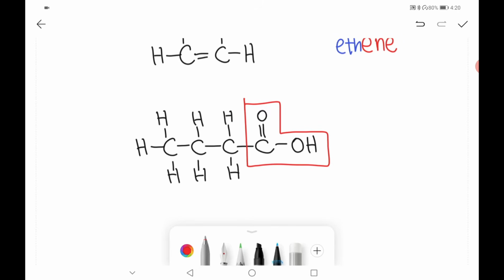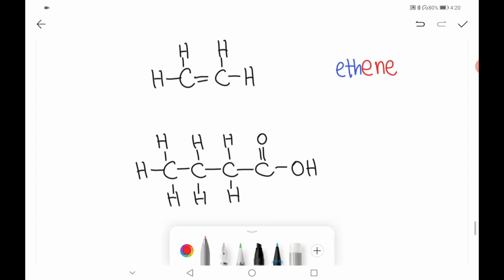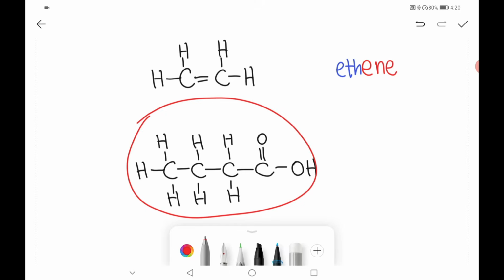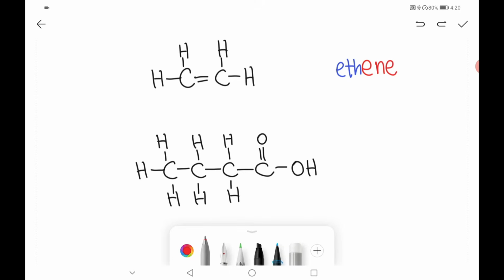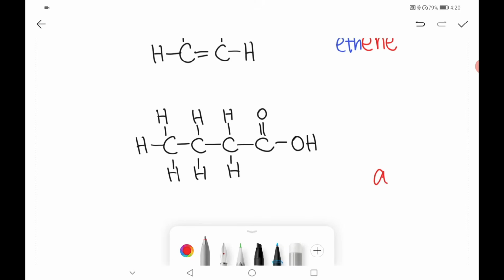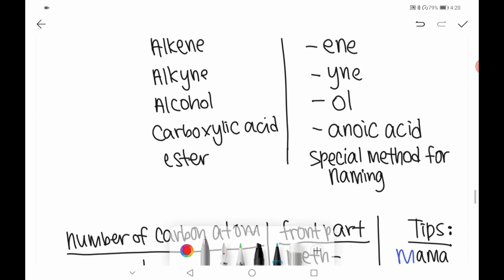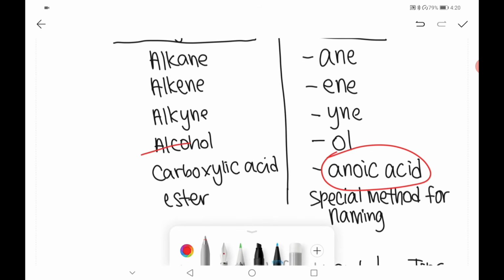Whenever we see COOH, it is a carboxylic acid. For carboxylic acid, the name must end with -anoic acid. That's what we learned, right?